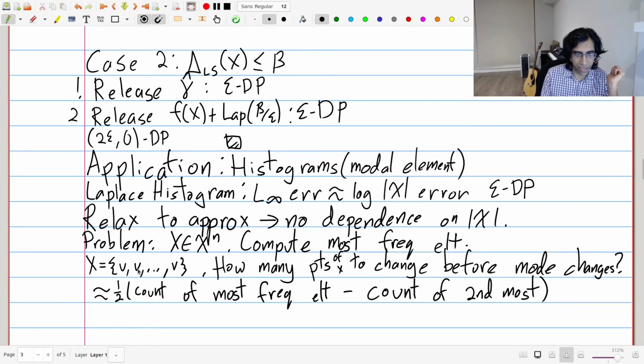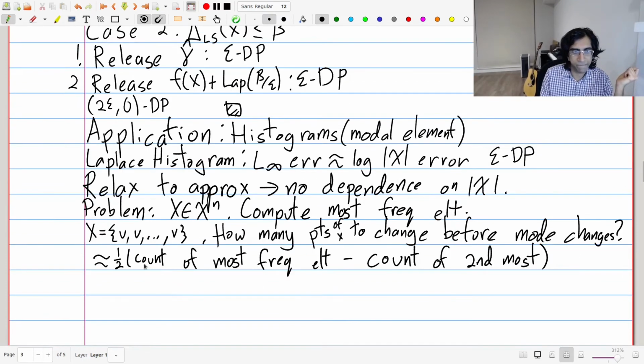But when changing a single point would change the mode from one thing to another, that's the point where you have a local sensitivity that's greater than 0. So in other words, this tells you the distance to the first data set where the local sensitivity is non-zero, up to plus or minus 1.